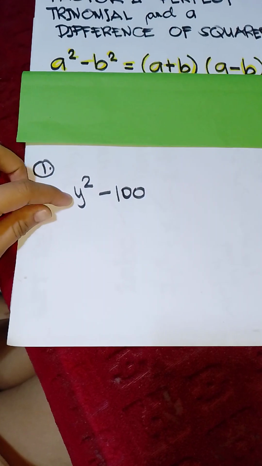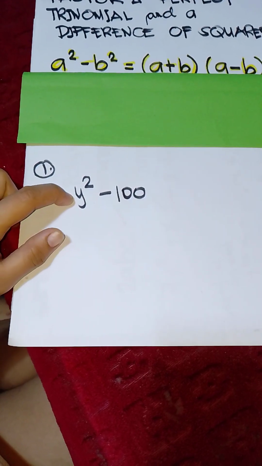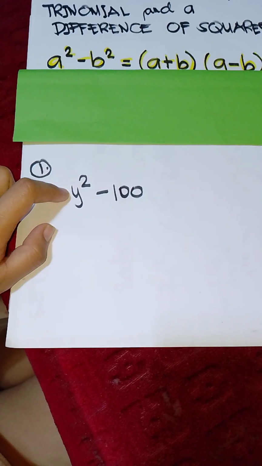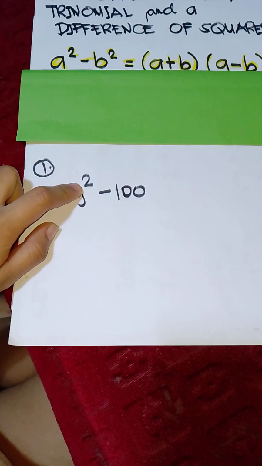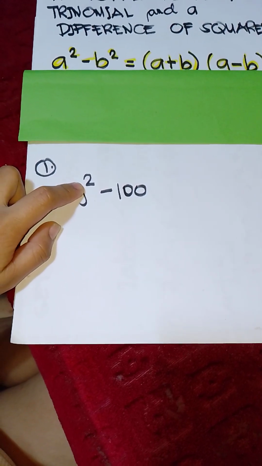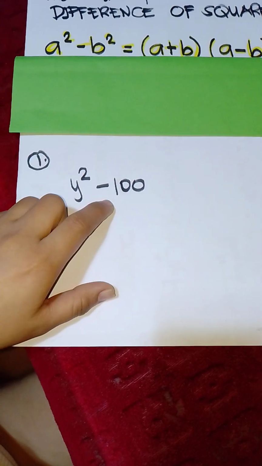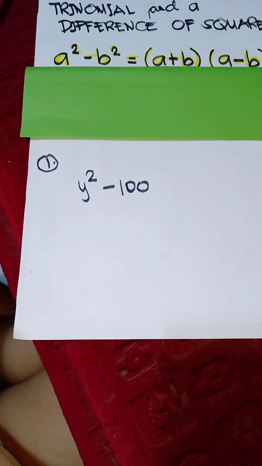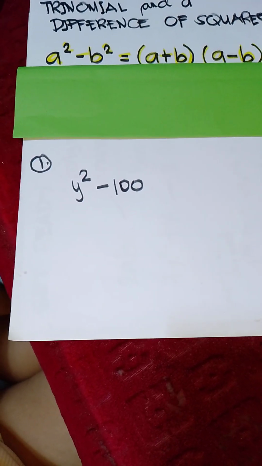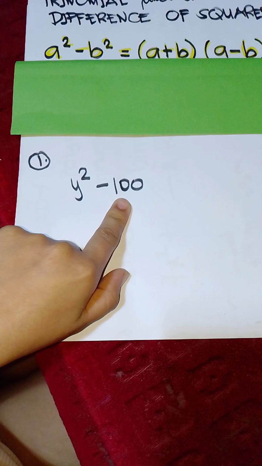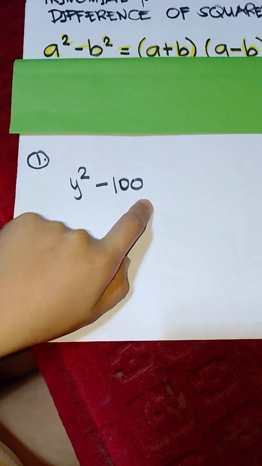The first term is y squared, so it is a perfect square since it has an exponent of 2, and 100 is also a perfect square. If we get the square root of 100, the result is 10.